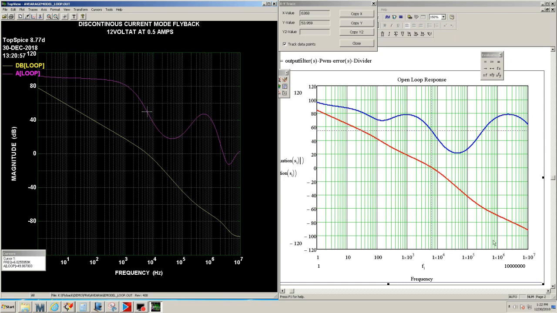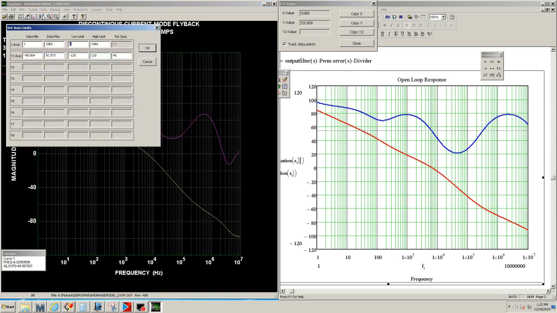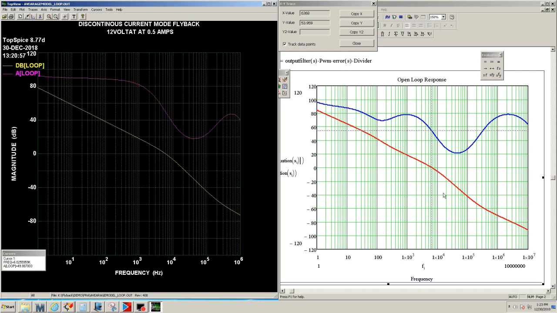Now typically I don't plot anything above 100 or 1 meg. This is all parasitics, so I like to keep this less than 1. Okay, so I can go ahead and set this to 1 as well.